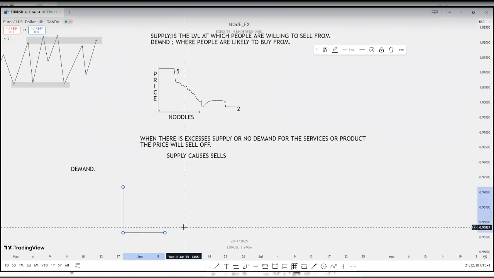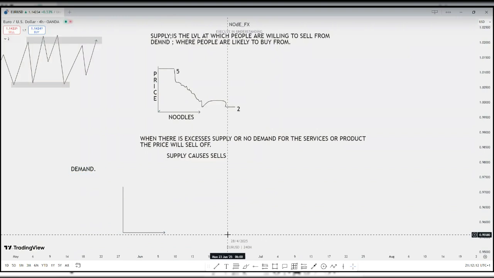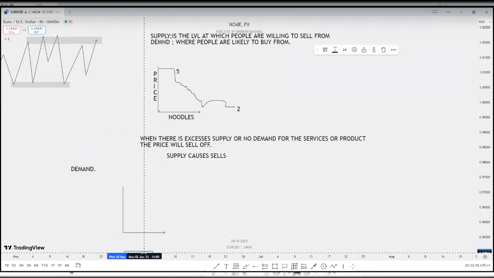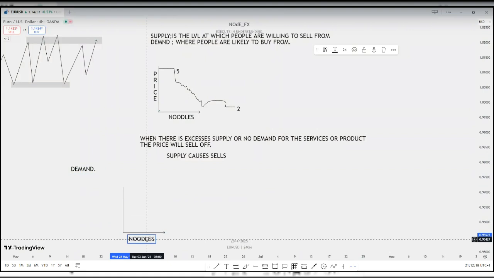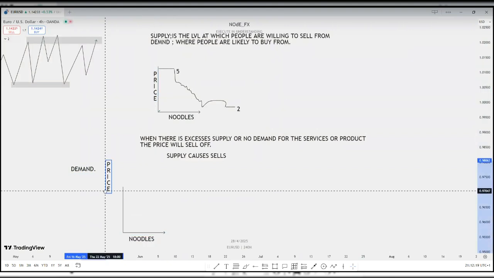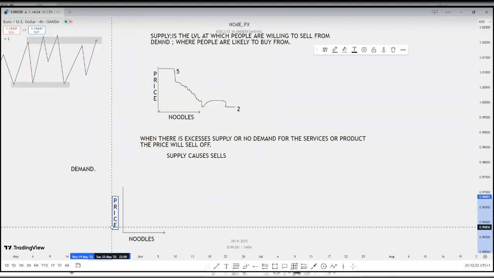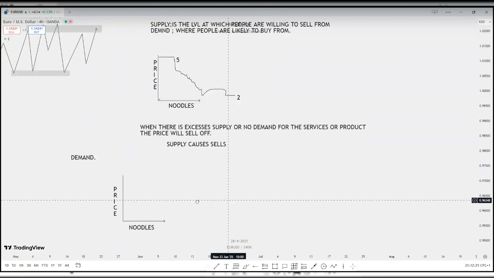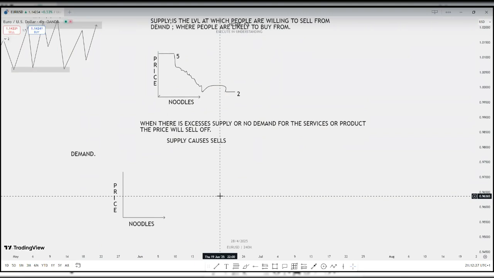In the case of demand, let me use the same examples that I used here. All right. So now, in the case of demand, let's look at it like this. Demand causes what?